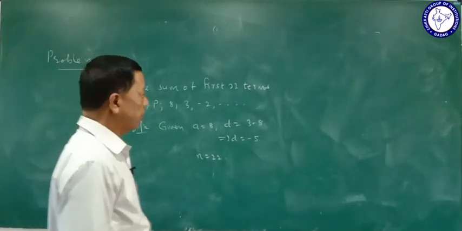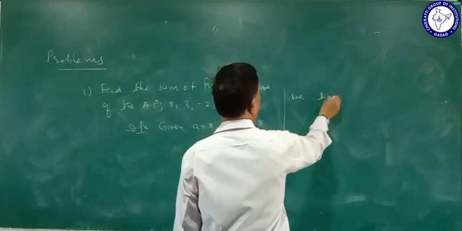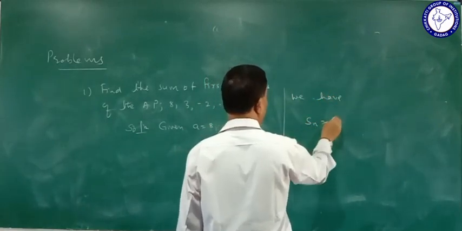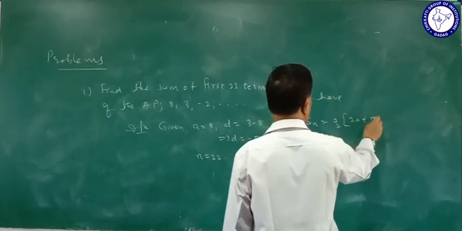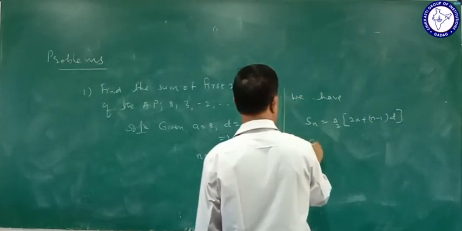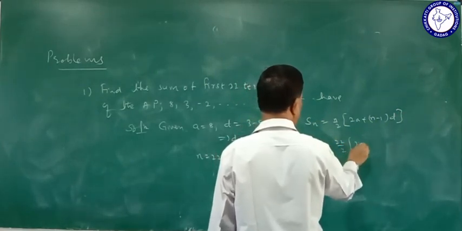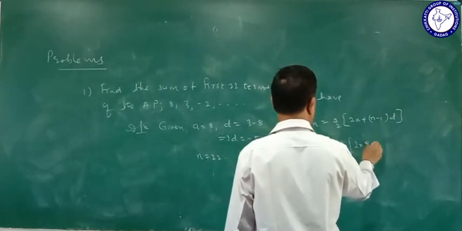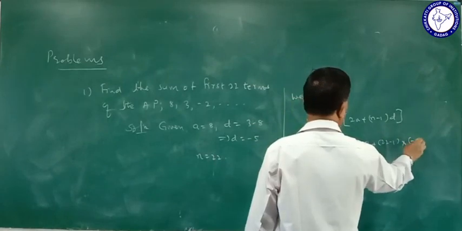Sum of the first n terms. See the formula. We have Sn is equal to n by 2 into bracket 2a plus (n minus 1) into d. Here S22 is equal to 22 by 2 into [2a plus (22 minus 1) into d], where a is 8 and d is minus 5.